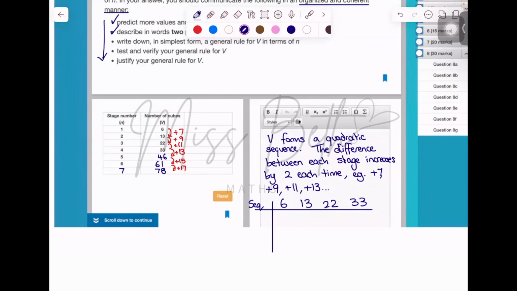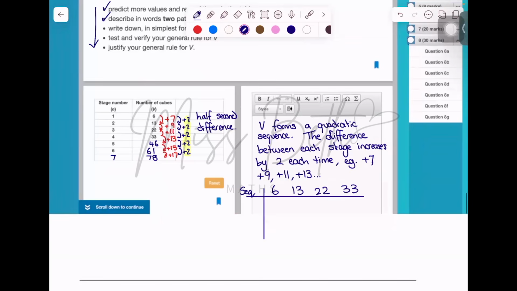Okay, I know from my first difference that they are increasing by 2 each time. Okay, so that means it's going to be 1n squared because we half the second difference. I'll just make a note of that to remind us.